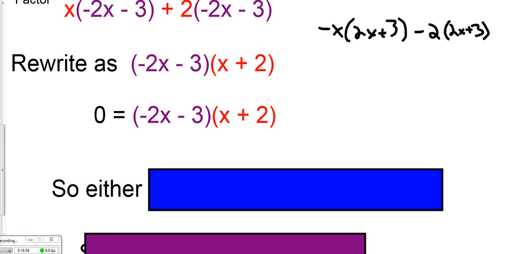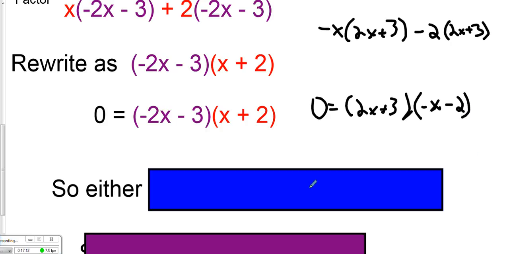Now again, if I used my other option, I would have written 0 equals positive 2x plus 3 and negative x minus 2. These look a little bit different, but they're actually the same, and I'll show you why in a little bit.